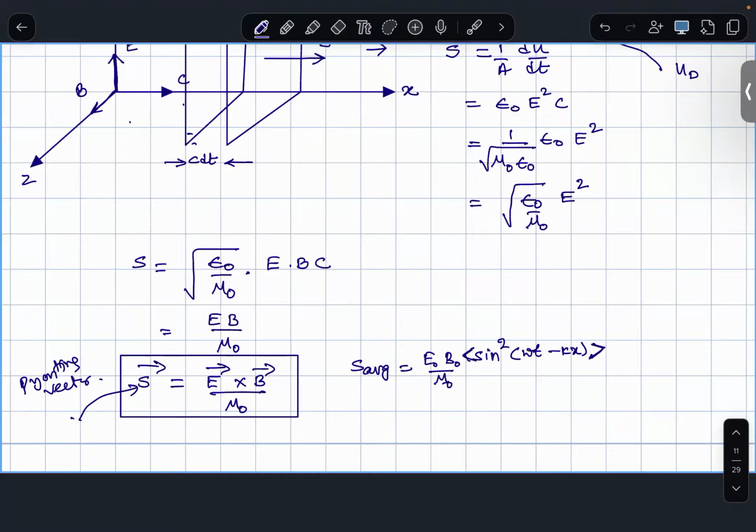The average value of that function is 1 by 2. So which you can further write as E RMS B RMS by mu naught.